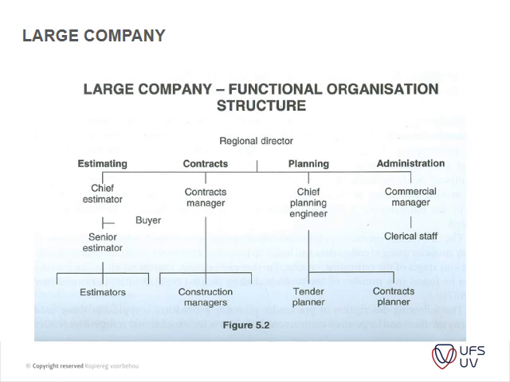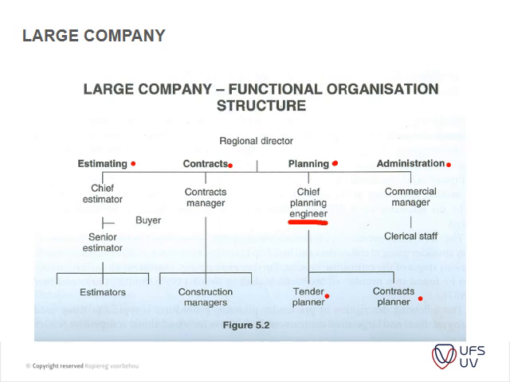Large companies, you will see, okay, so you've got a little bit more items. So you've got your estimating, your contracts, your planning, your administration on this side. So you have your planning, chief planning engineer, you have your tender projects here, and a contracts planner. So these are the guys that actually say, yes, we're going to go for these type of projects. They build up a database of, okay, these were the tenders that we were successful on, this is what we did, and then they become the tender specialists.